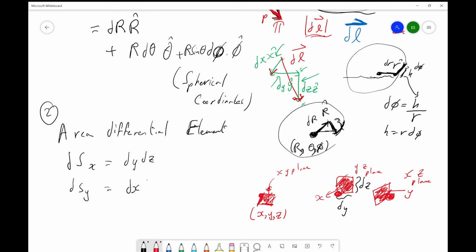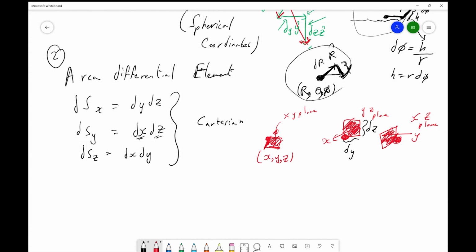This is the differential area dx dz. Two small displacements give me an area, right? dsz is going to be dx dy. This is in the Cartesian system. So those are Cartesian surface elements.